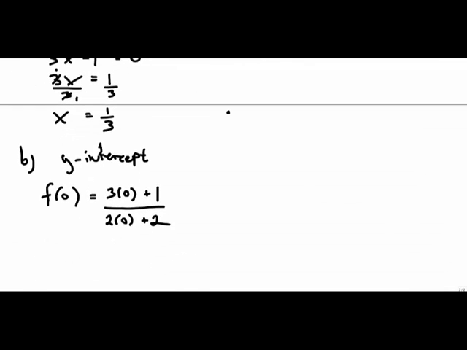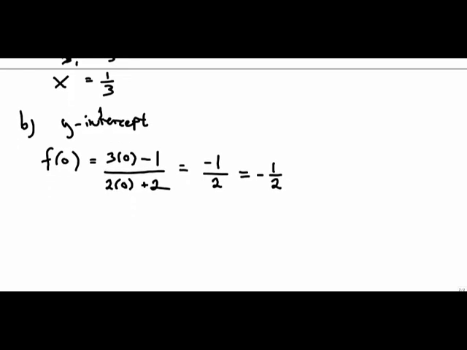Yes, it was minus 1. So this is equal to minus 1 over 2. It's fine to leave the minus sign here, or we can move it in front, so minus a half. Same thing as if the minus sign were down here, so 1 over minus 2 is still minus a half, or minus 0.5. Okay, that's our y-intercept.